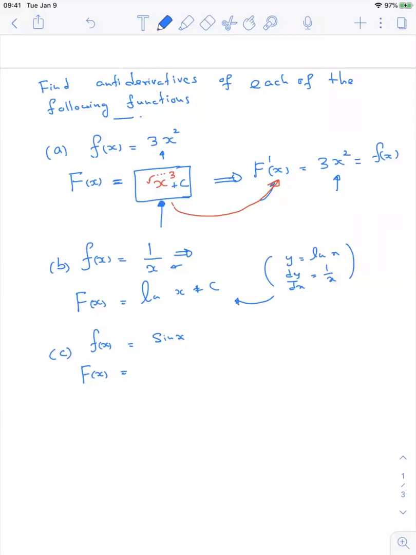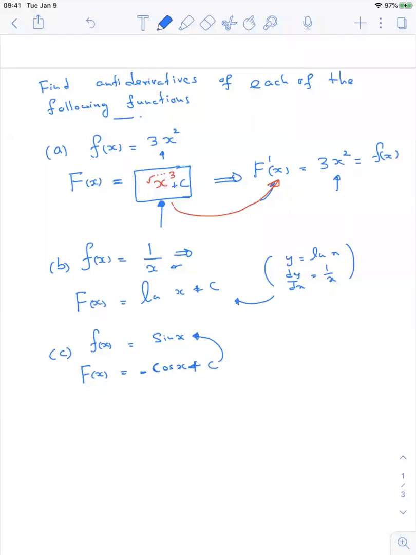The easier way to think about this, if you are confused about what I am doing, is to write first f(x) equals minus cos x, and then differentiate this function and see whether you get this answer. In fact, you need to add that constant, so you add c and then differentiate this function and see whether you get sin x.